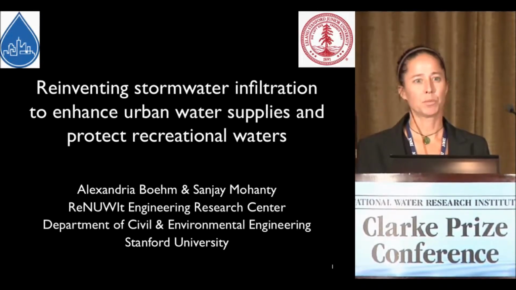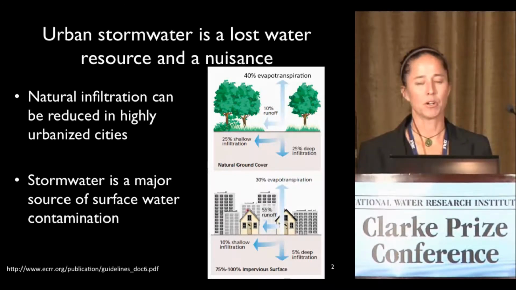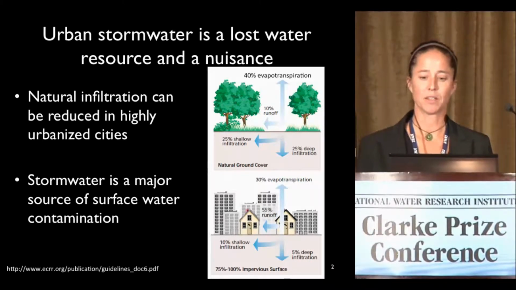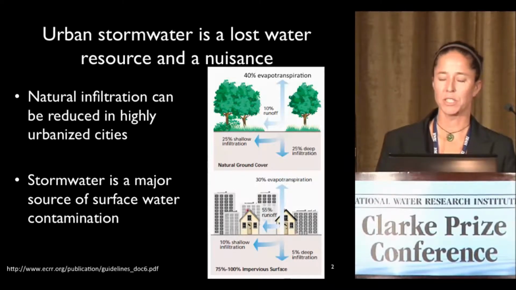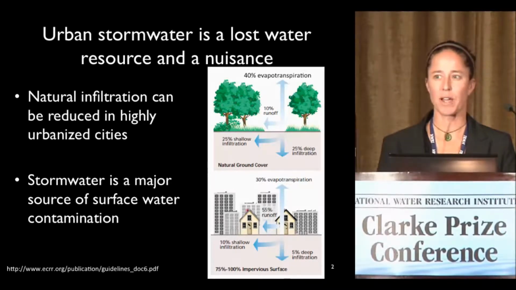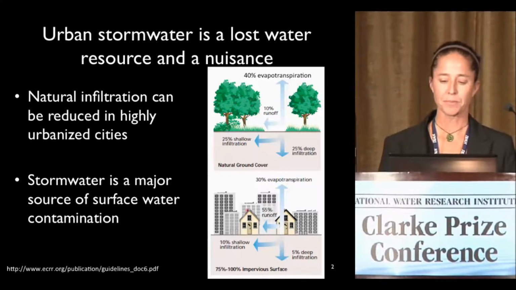So we've heard this morning about stormwater from two different speakers. We heard David Sedlak mention it, and we heard Jim McDaniels speak about it in LA. And urban stormwater is basically a lost water resource. Under natural conditions, it might infiltrate into the groundwater, where it can represent a drinking water supply.